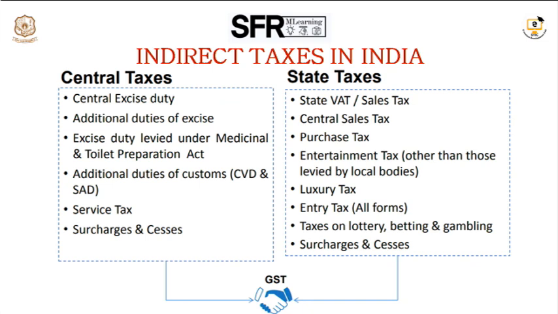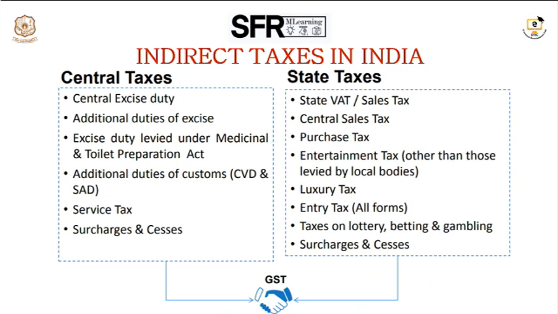We all know that GST comprises indirect taxes which were previously followed in India. This slide gives an overview of the various central taxes and state taxes followed in India, which are all subsumed in the form of GST. That is what we call one nation, one tax.